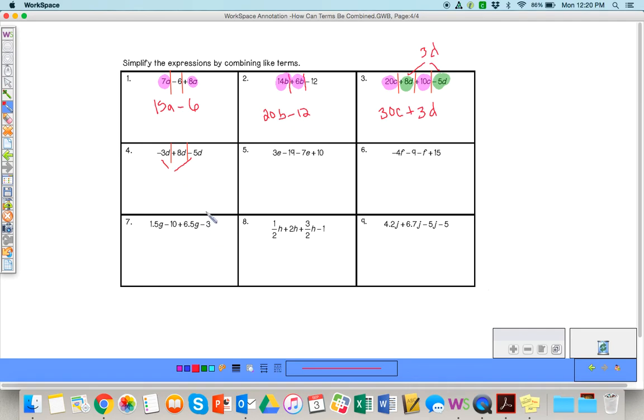So I have -3d and -5d. Those combine together to make -8d, okay? So we have -8d, and then we bring down our positive 8d. Those two things combine together to make 0. So our answer for that one is 0.